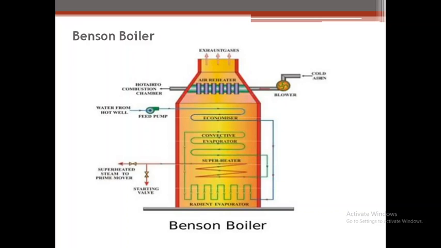So first is the economizer, as we have seen in our previous two boilers. Whatever the feed water is there, it is circulated through this economizer tube through a feed pump.